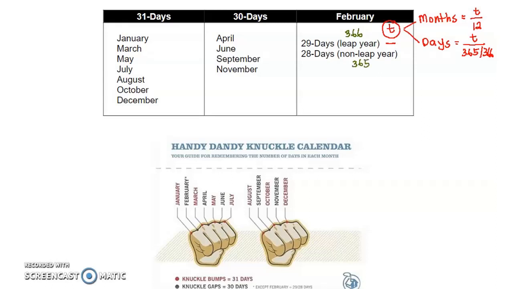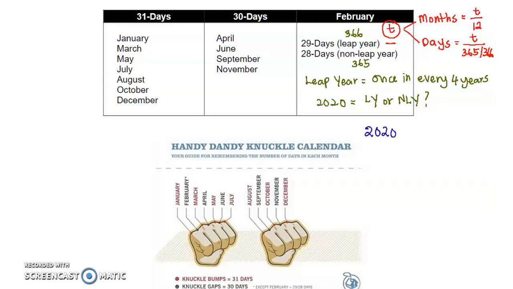Now how to determine whether a particular year is a leap or non-leap year? The occurrence of a leap year is once in every 4 years. For example, 2020. Is 2020 a leap year or non-leap year? Since leap years occur once in every 4 years, divide it by 4.